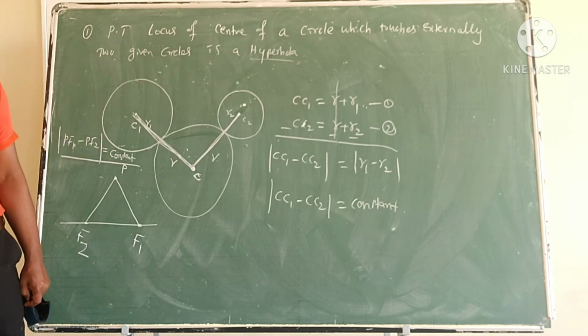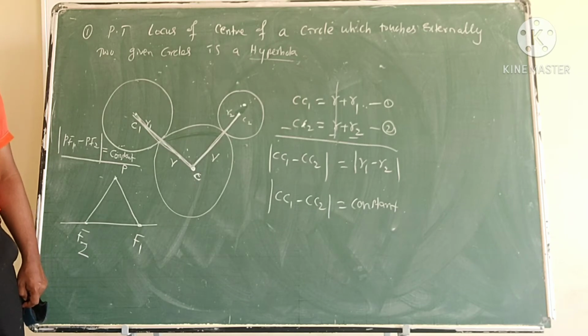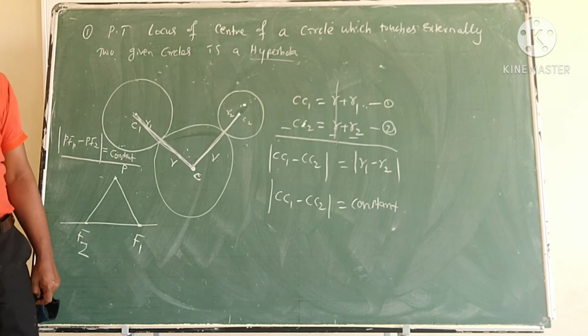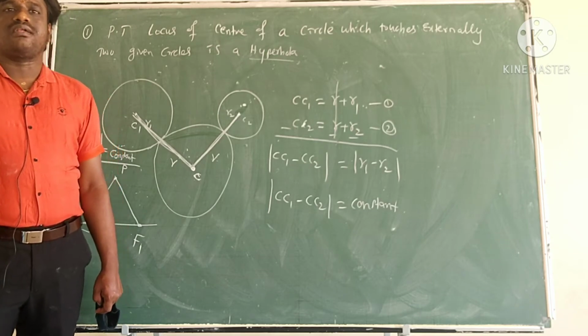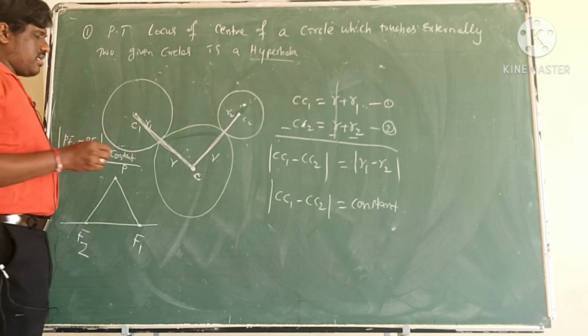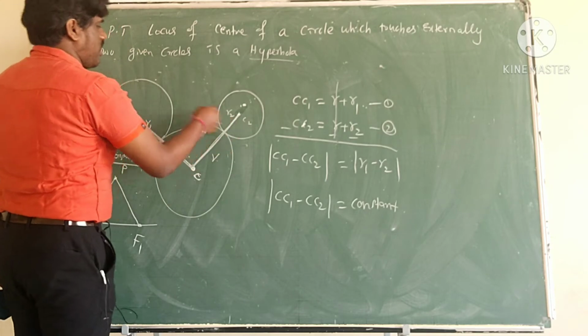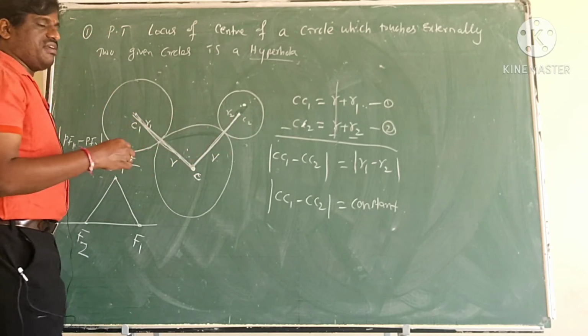Right? Which conic is it? Hyperbola. Difference is constant, so what do we say? Hyperbola. So here what are the foci? The foci are C1 and C2.